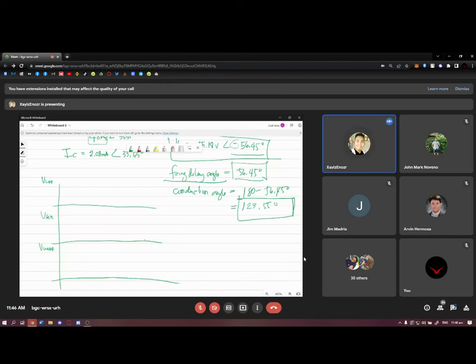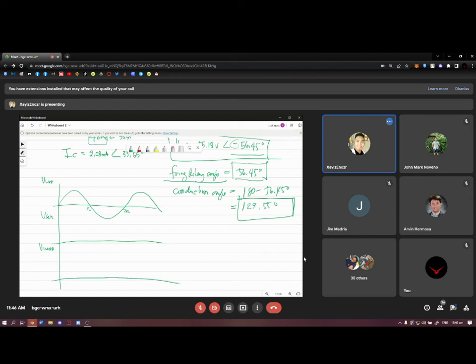So, for example, sine wave to. So, sa sine wave, di ba, ito yung pi. Ito yung 2 pi. Okay. Ang firing delay niya, bago mag-on si SCR is ilan? 56.45 degrees. Convert ko na to sa radians.